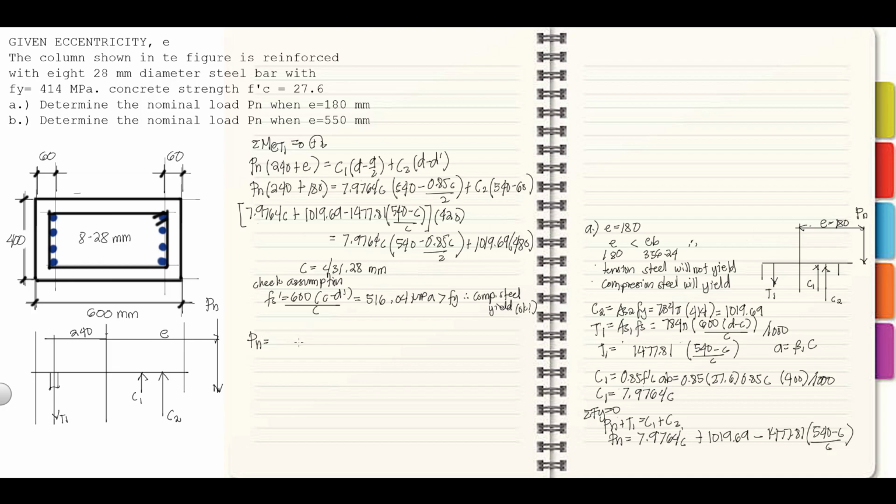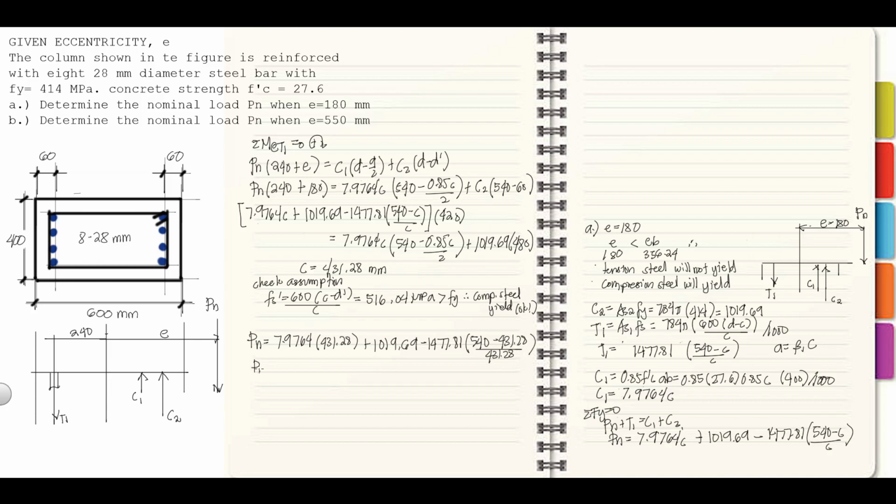Okay, Pn is equal to, right? So, Pn is equal to this equation here, 7.9764 C. So, ang C natin is 431.28, okay, plus 1019.69, okay, minus 1477.81, okay, the quantity 540 minus C 431.28, divide po natin ng 431.28.